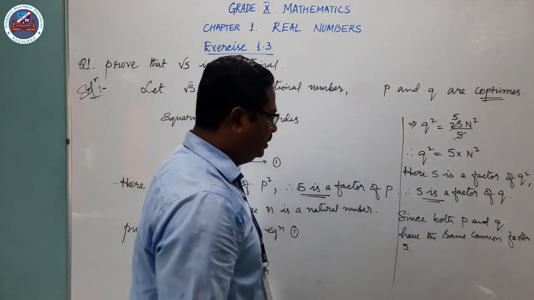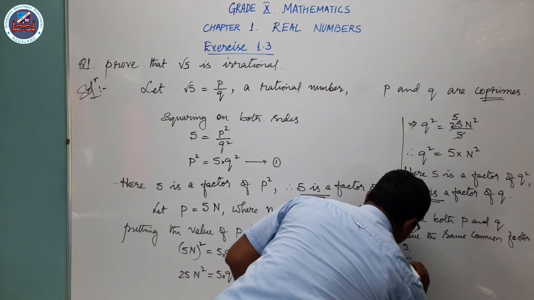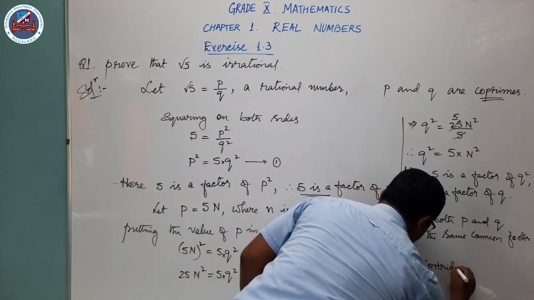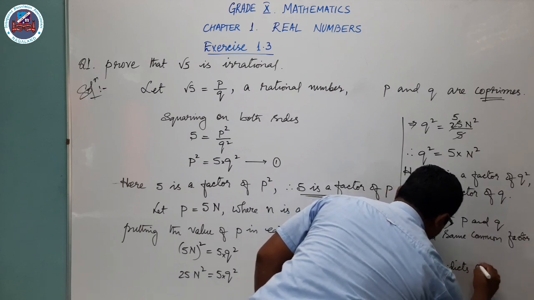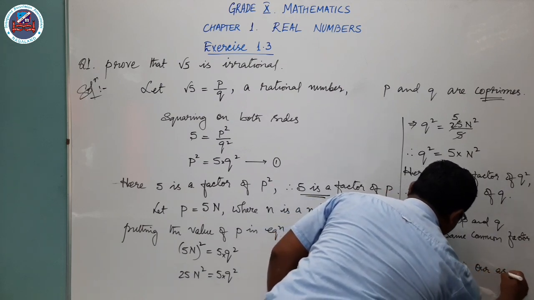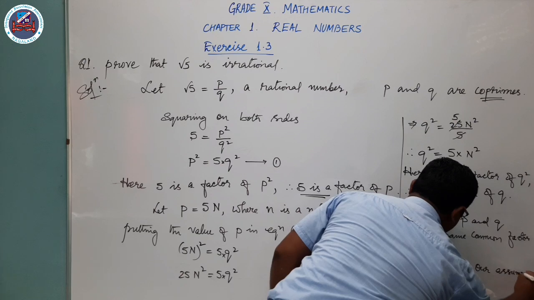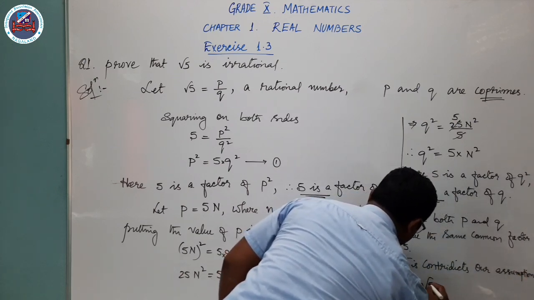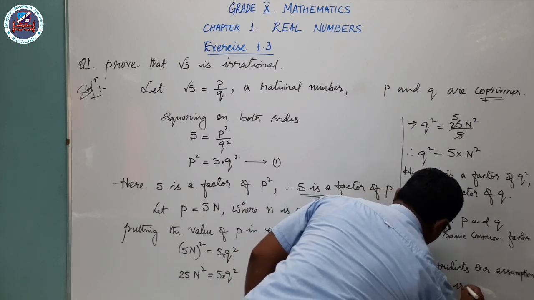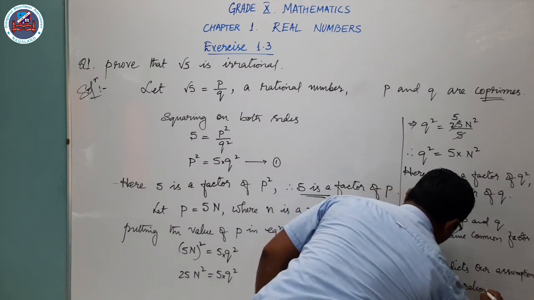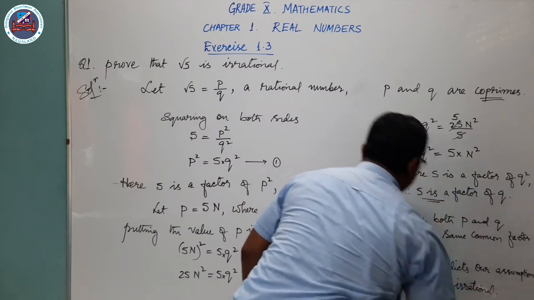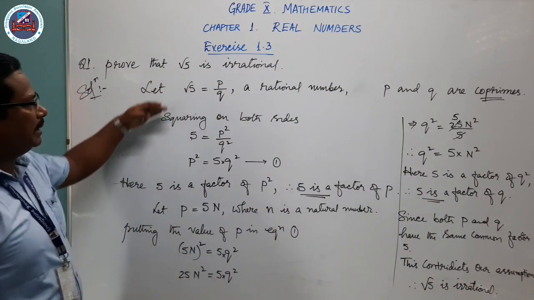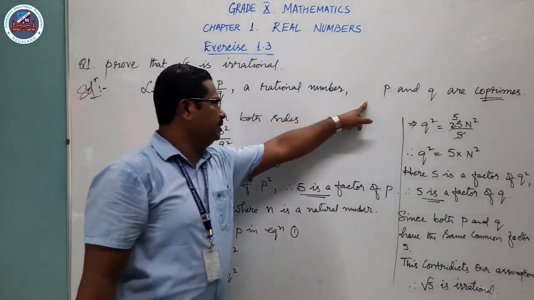This contradicts our assumption. Therefore, root 5 is irrational. So this way you can do for root 3, same steps you'll do, same writing will be there.